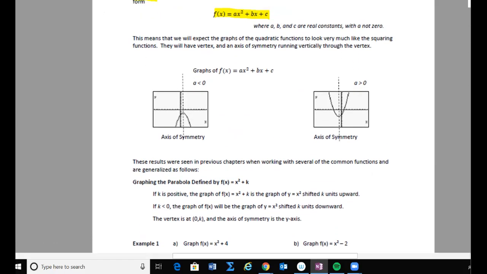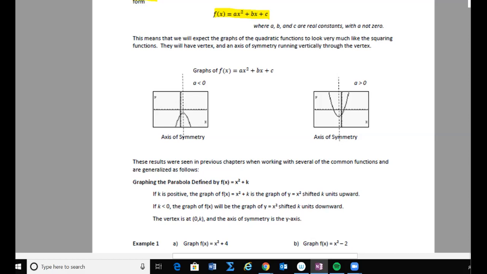In other words, when the equation's in a certain form, you might be able to tell what it does and what it looks like just by a few of the parameters within the equation.